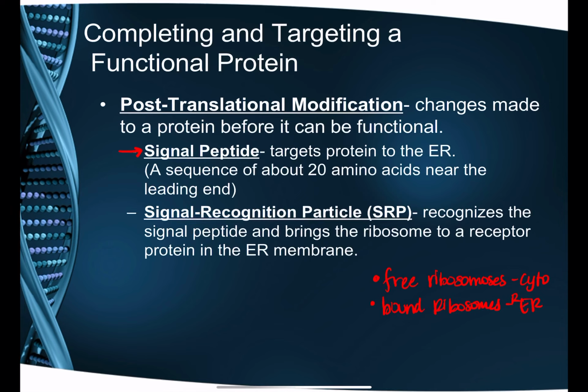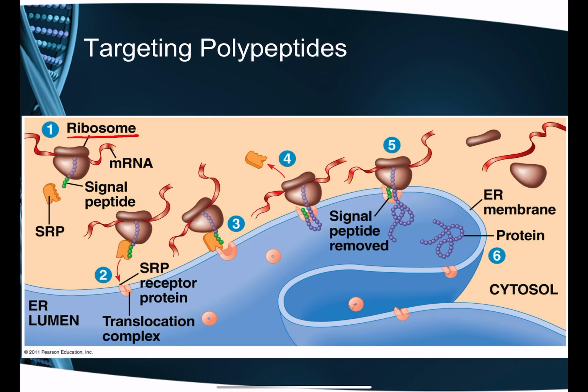He's got some little extra steps that he needs to do to be able to be processed, and so it's got a signal on it that's going to signal that. Now, there are other proteins available in the cell that recognize those signals. And so when they see that signal, they're going to bind onto that ribosome and drag it over to the rough ER. So let me show you that here.